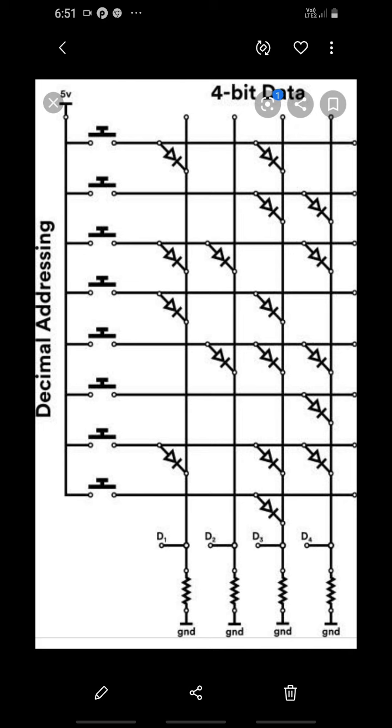It is decided by which diodes are connected to the outputs D1, D2, D3 and D4. So here with the discrete circuit we can change the contents of a memory location by adding or removing diodes. With integrated circuits, the manufacturer stores the words at the time of fabrication.